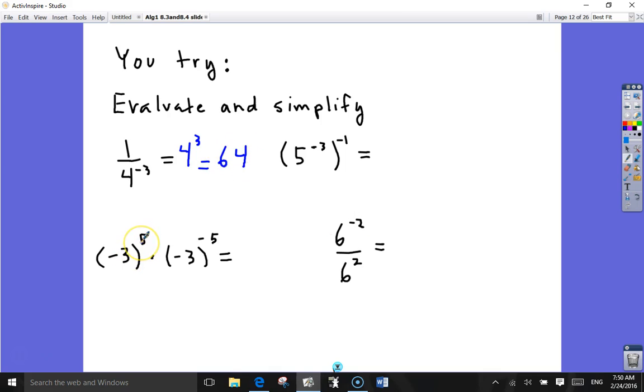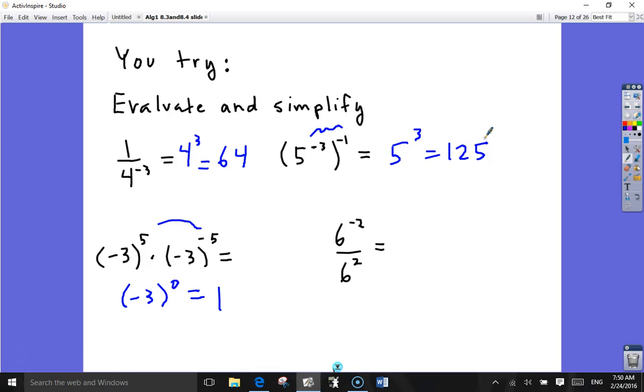How about negative 3 to the 5th times negative 3 to the negative 5th? The properties of exponents say you add, and you get 0, and that is 1. How about 5 to the negative 3 to the negative 1? What do you do with these exponents? Multiply. That's 5 to the positive 3, which is 125.